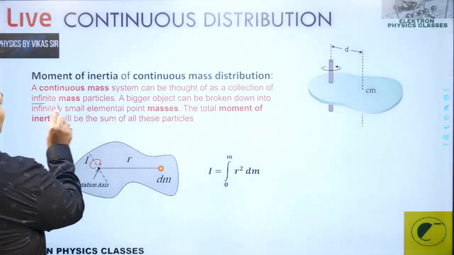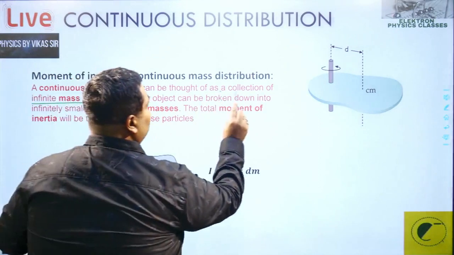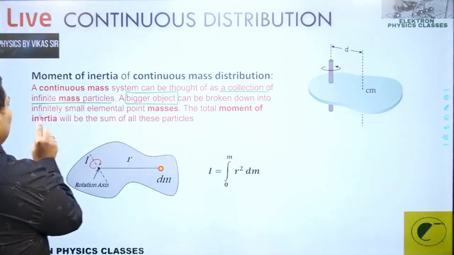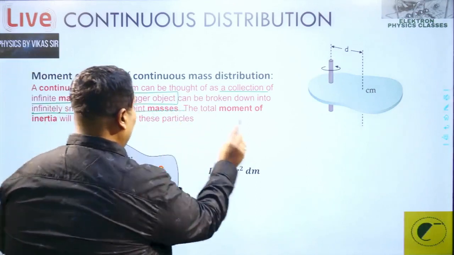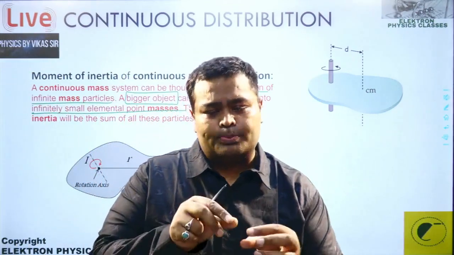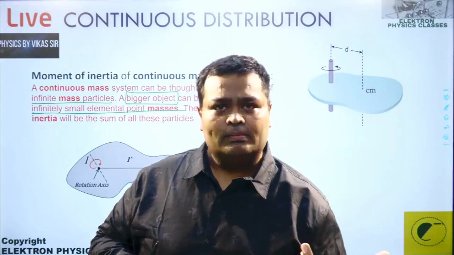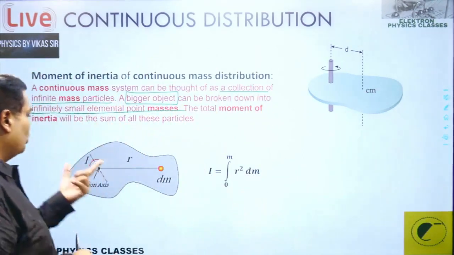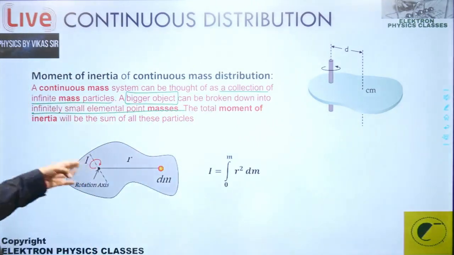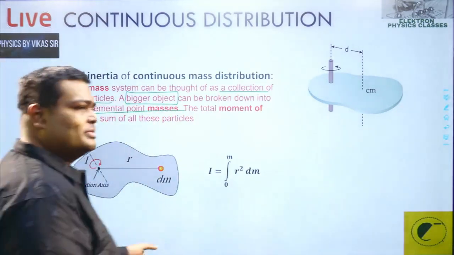It's a collection of infinite mass particles, we know that, where a larger object can be broken into infinitely small elemental point masses, and we do remember what we do. We basically assume those tiny particles to be identical. So we assume a single particle dm, which is at a distance of r from that axis.